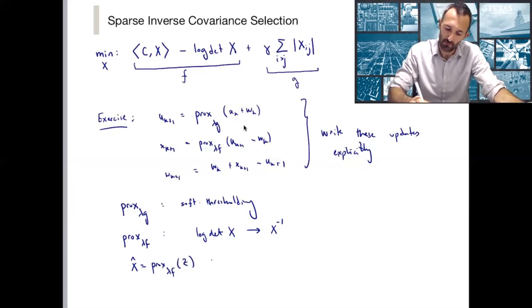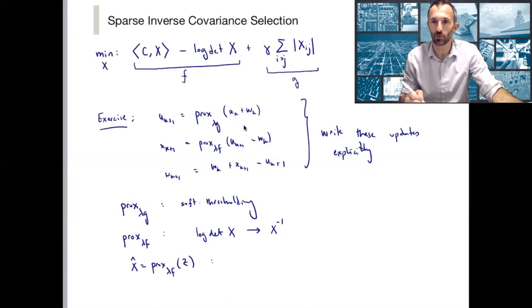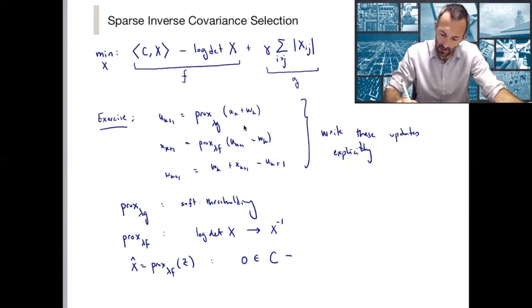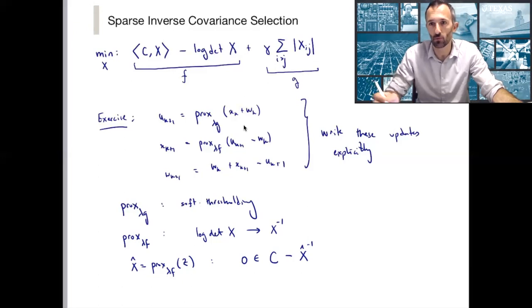what you're going to find using this expression for the derivative of log det is that 0 is an element of c minus x hat inverse. That's the gradient of log det. c is the gradient of c transpose x, and then I have to deal with the L2 term, the Frobenius norm.